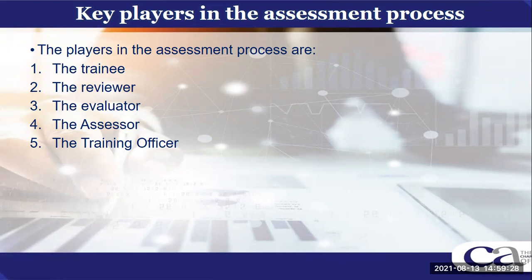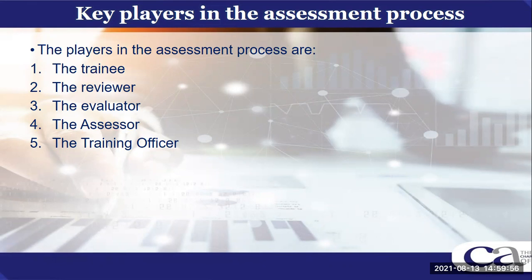in a certain skill. The trainee is your CTA student, the person who wants to be an accountant, or a chartered accountant after the process. So it is important to note that it is the trainee that initiates this whole assessment process.